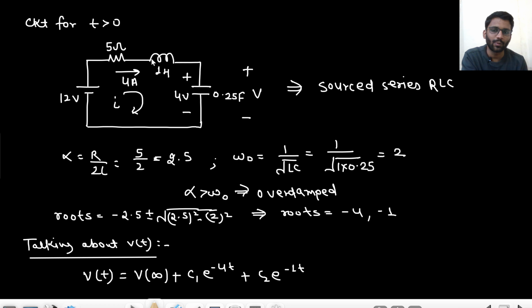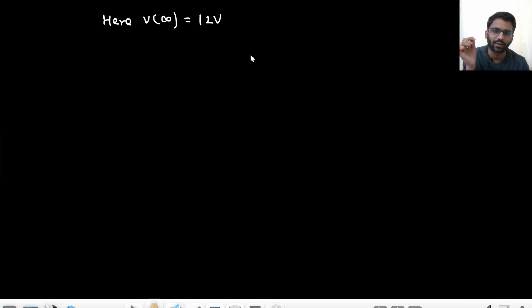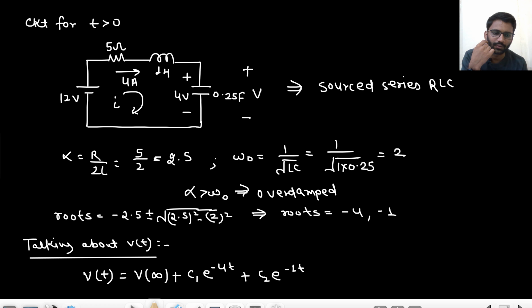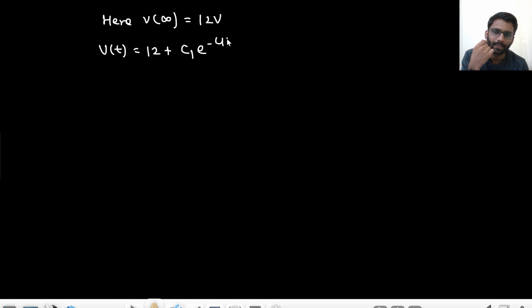At infinity, the capacitor will be open circuited and the inductor will be shorted. So 12 volt will be coming there. So Vt will be 12 volt plus C1 e to the power minus 4t plus C2 e to the power minus t.